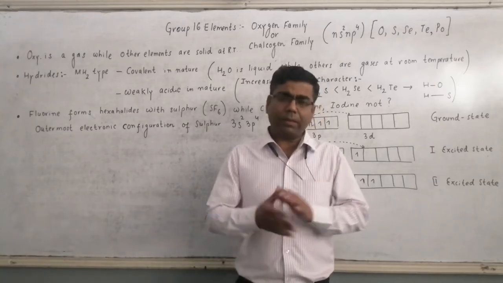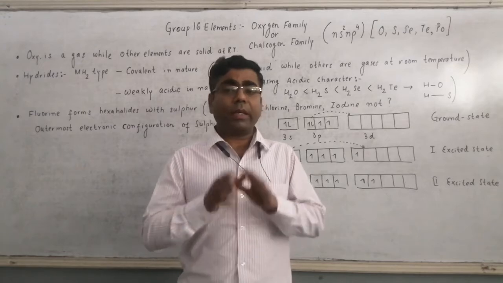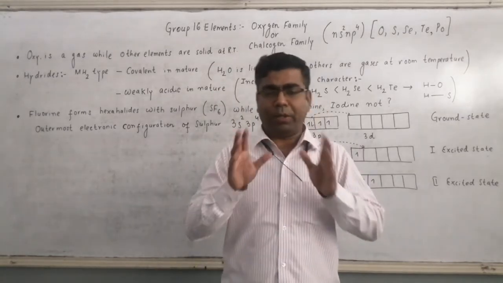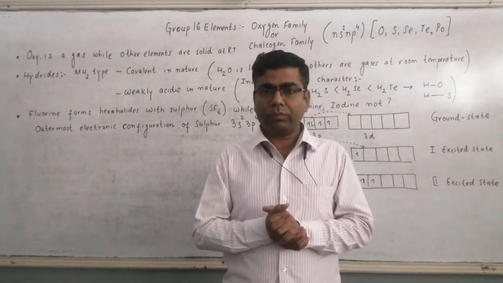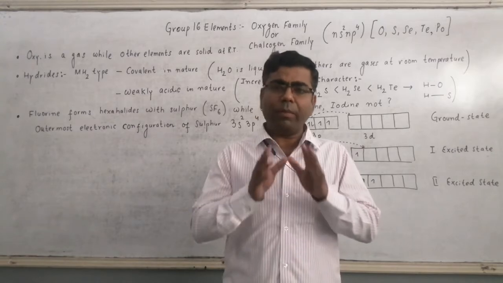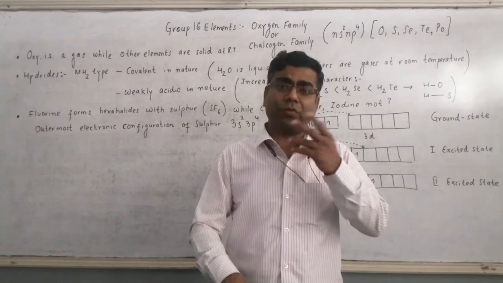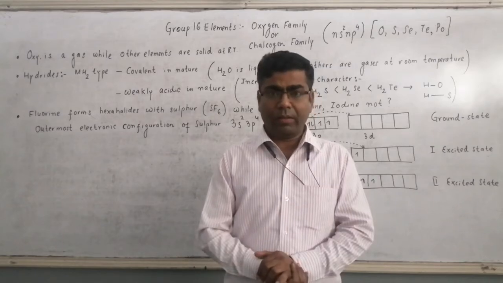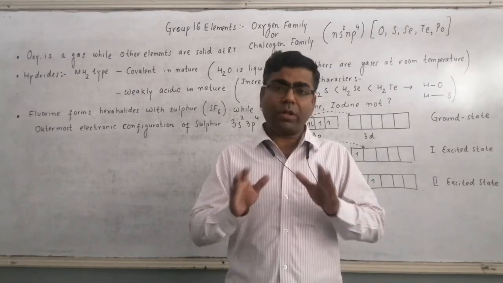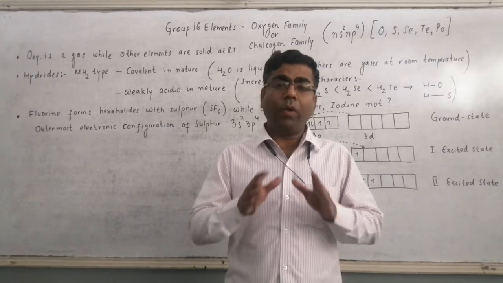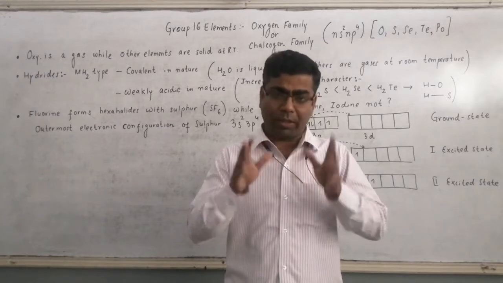So nitrogen cannot expand its octet. The maximum number of unpaired electrons that can be present in nitrogen is always 3. So nitrogen will never expand its octet.